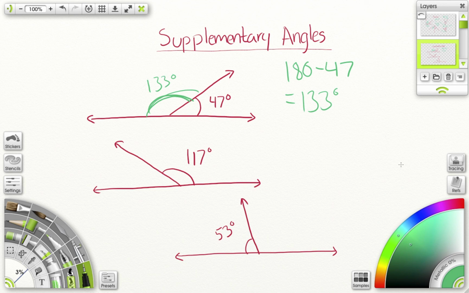On the questions, you will see that the lines are labeled with letters. So it could look like this: A, B, and C. So what that means is this right here is called angle ABC. So 47 degrees is called angle ABC. What the question asks you for is like AB and, let's call this D. So it asks for angle ABD.